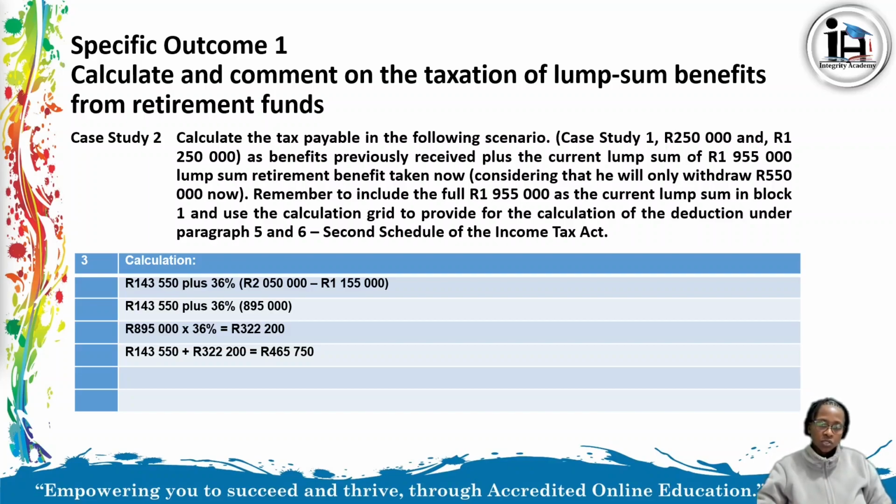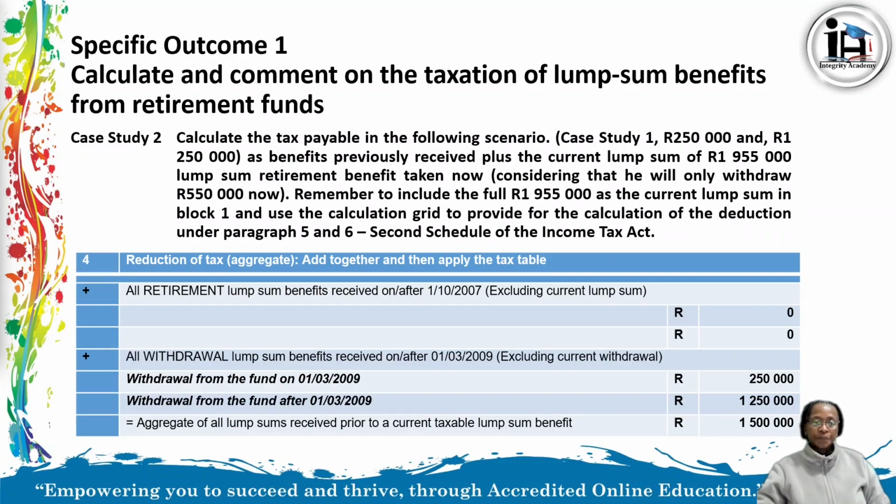Then that 322,200, we add the 143,550 to it, and it totals 465,750. Then number 4, reduction of tax, that is aggregate.